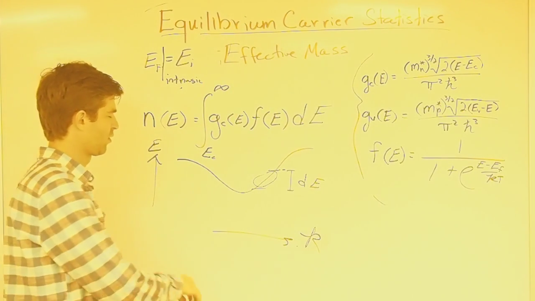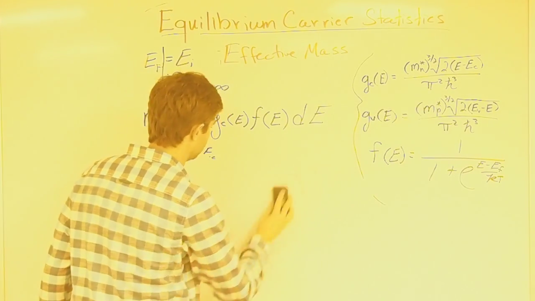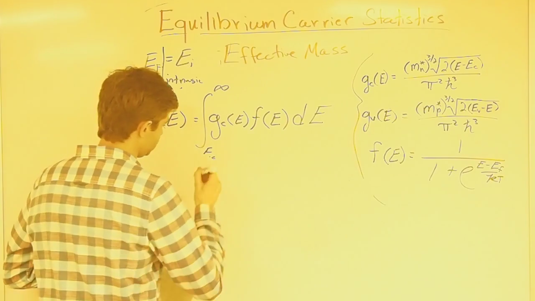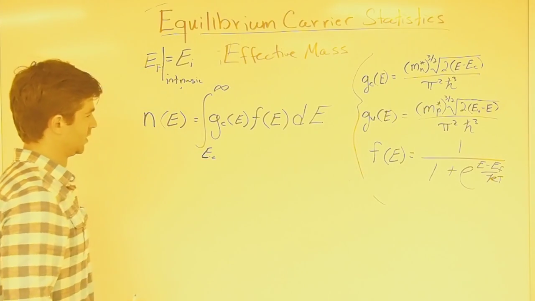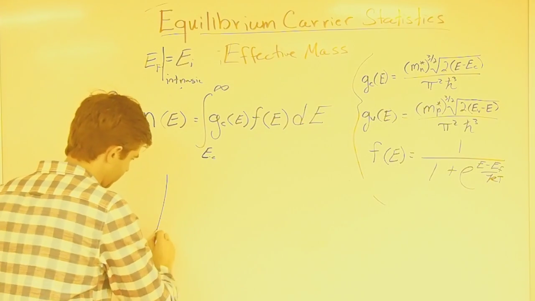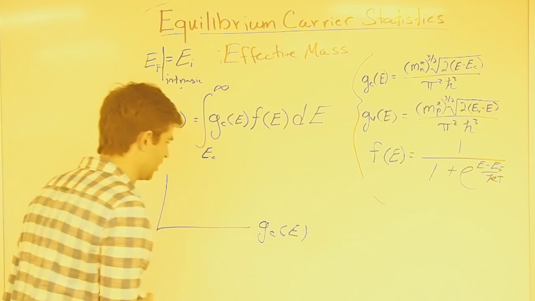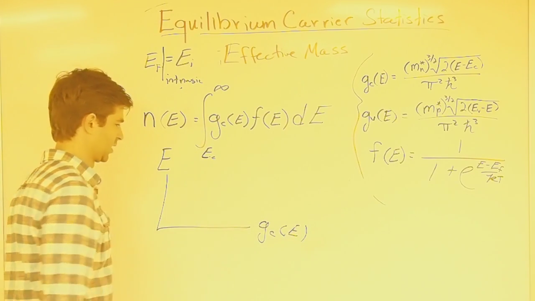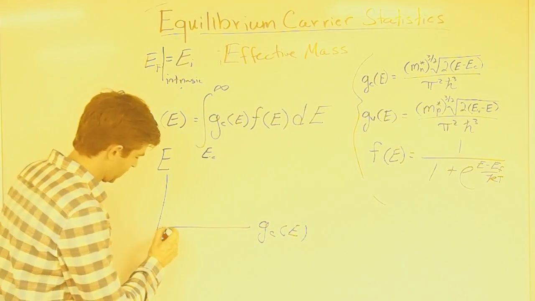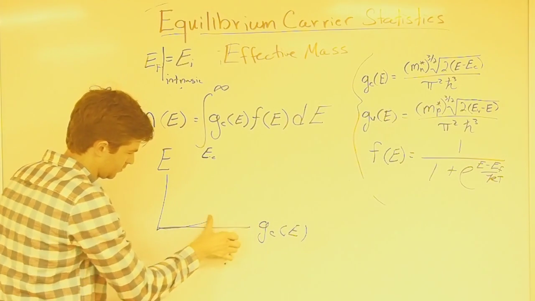But before we start solving this integral, I want to show what some of this stuff looks like graphically. So GC of E, and here's E. What does this plot look like in the conduction band? It looks like this. Let me draw that.